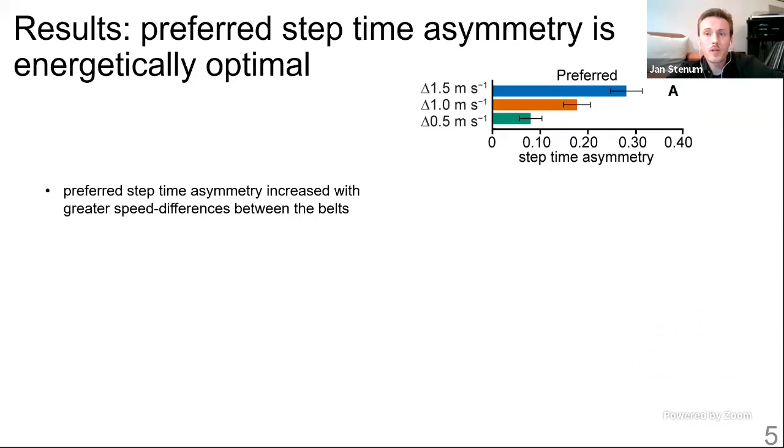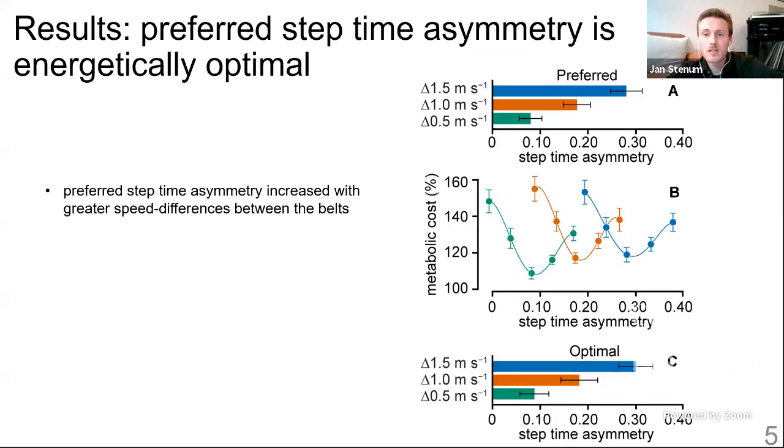So when we go ahead and look at the values of the preferred step time asymmetry, we found that those increased with greater speed differences between the belts. When we look at the cost landscapes that the cost mapping of step time asymmetry produced, we find that those look qualitatively similar with clear optima between the speed difference conditions.